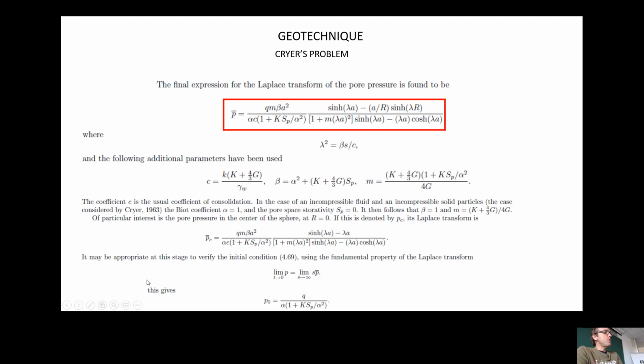We can verify the initial condition using the fundamental property of the Laplace transformation, where the limit for t to 0 is equal to the limit for s to infinity, respectively for p and s p bar.